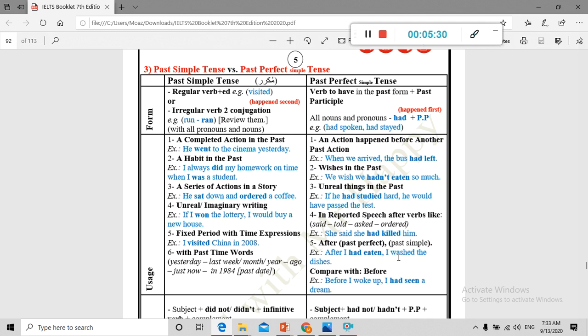When we use before, we put past simple, then past perfect. Before I woke up, I had seen a dream. So I first had a dream, then I woke up. So the main idea about past perfect is two actions in the past: first in the past perfect, and the second one in the past simple.